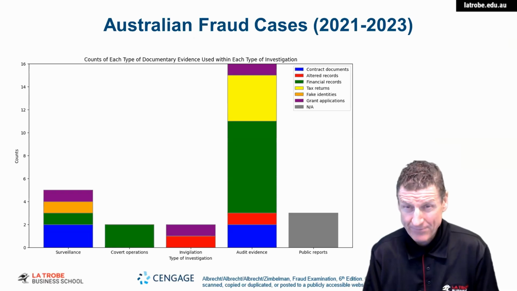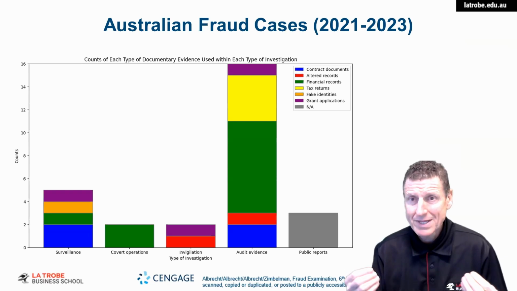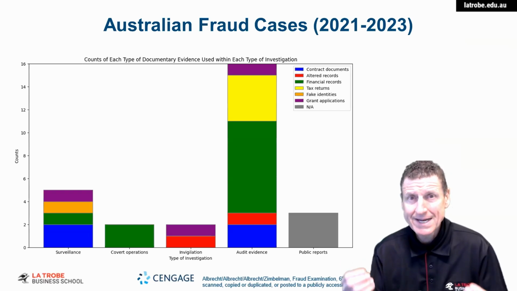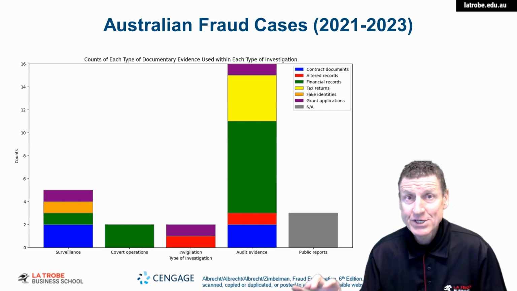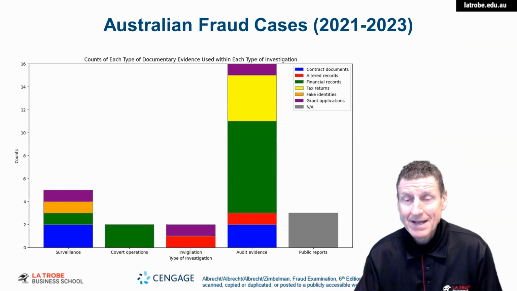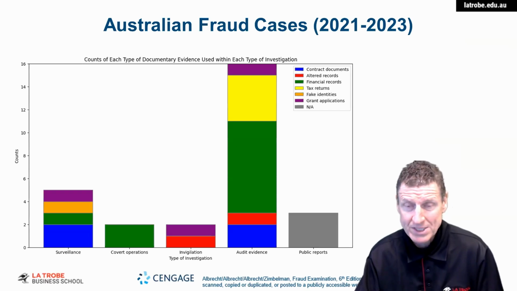Let's have a look at Australian fraud cases that I've presented earlier. And we can have a look at these different colours representing different types of documents: contract documents, altered records, financial records, tax returns, fake identities. And you can see across the different fraud investigation methods, notice that they rely on more than one type of document, except, say, covert operation just relied on financial records, but surveillance relied on grant applications, fake identities.